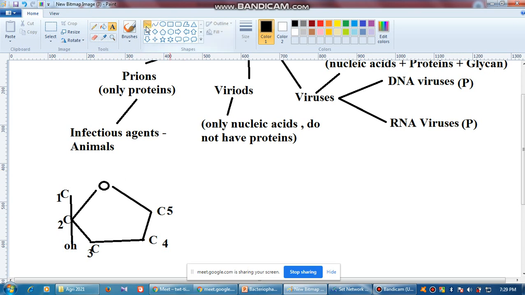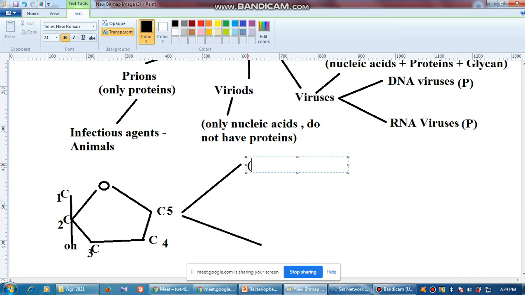So this sugar can be formed in two ways. In one, there will be a 2' hydroxyl group. The 2' OH group is present in one kind of sugar, which has a structure something like this, and we shall call it ribose sugar.